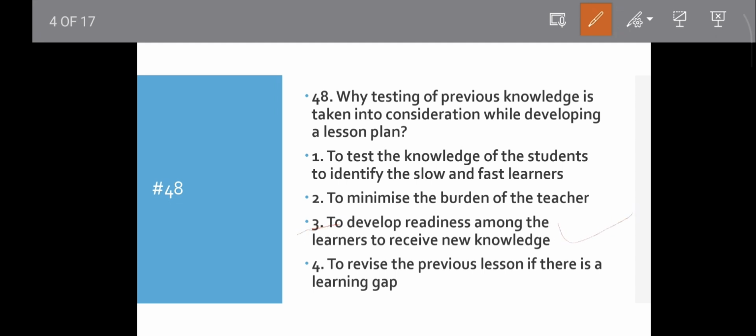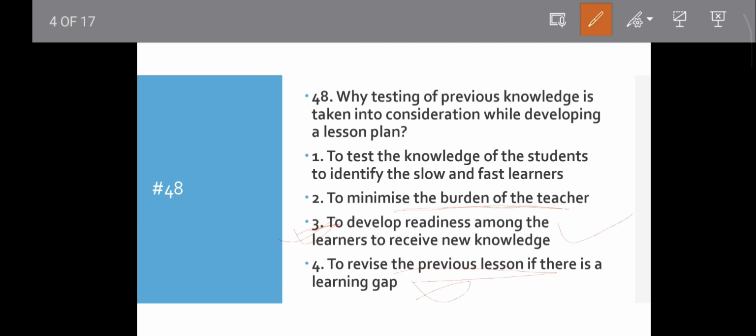It is not mainly for classification or teacher convenience. So option 3 will be the correct answer. Options 1, 2 and 4 will be incorrect. Revising the previous lesson: why would the previous lesson come in revising? So it is incorrect. To minimize the teacher's burden: the teacher burden concept does not come in the lesson plan, which is about delivering content.